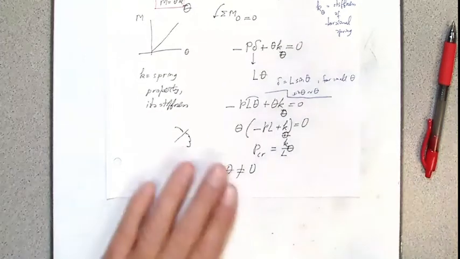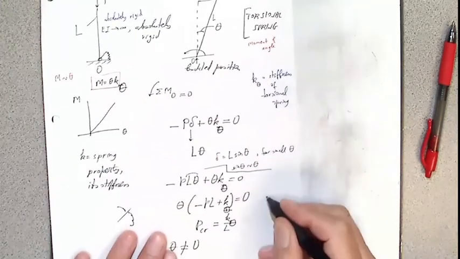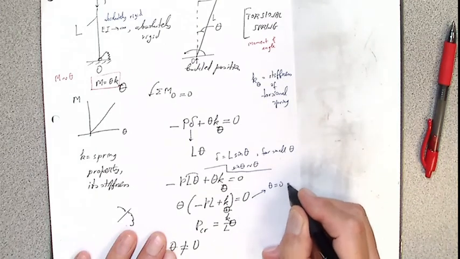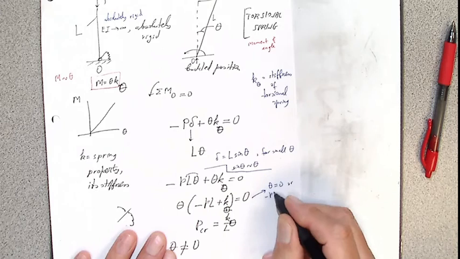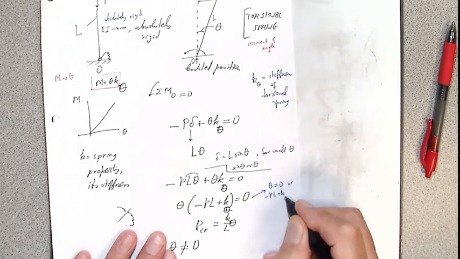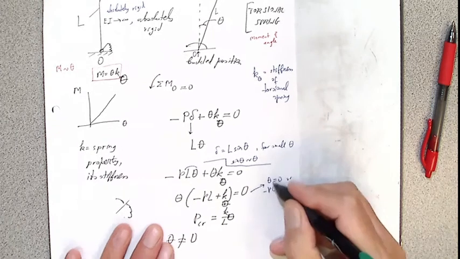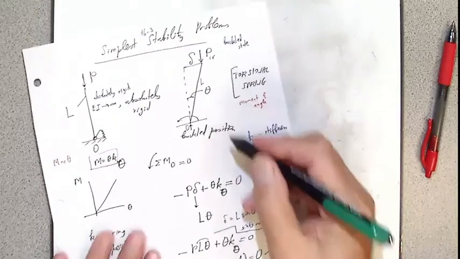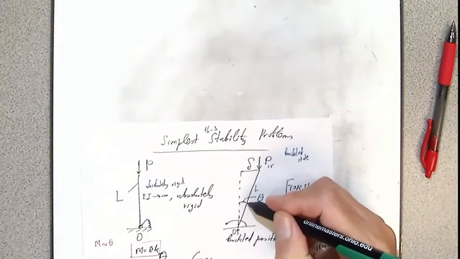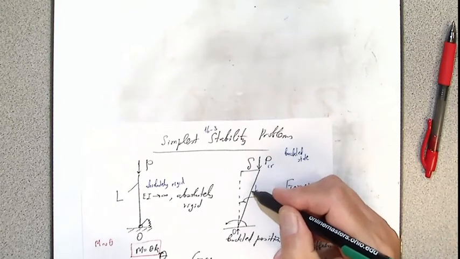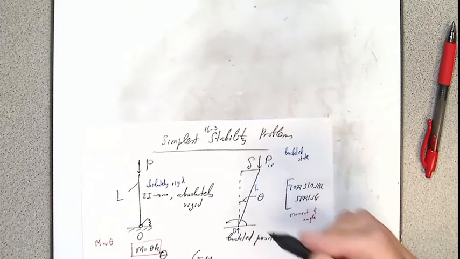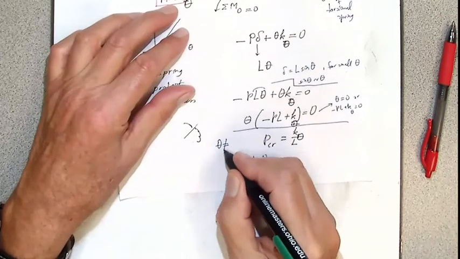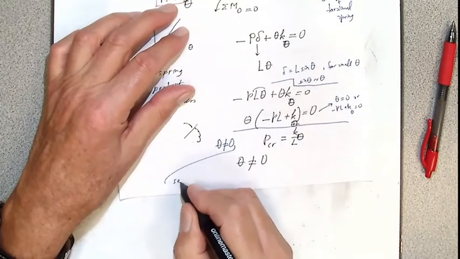Now, we can have either theta equals 0 or minus PL plus K theta equals 0. Theta equals 0 is not possible. Why? Because this depicts theta not 0. That is a buckling. When buckling occurs, theta is not 0. See the picture.